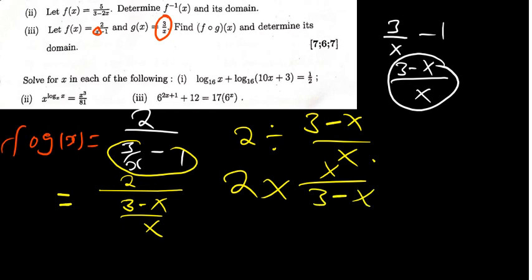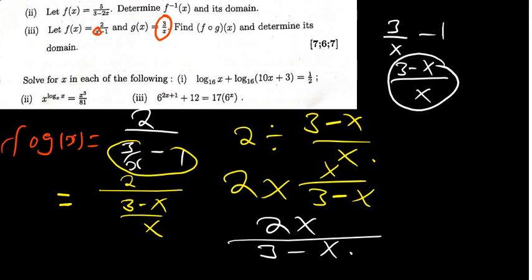We have someone who is already confused. So meaning here we can now multiply, where we are going to get 2x, then you have 3 minus x.